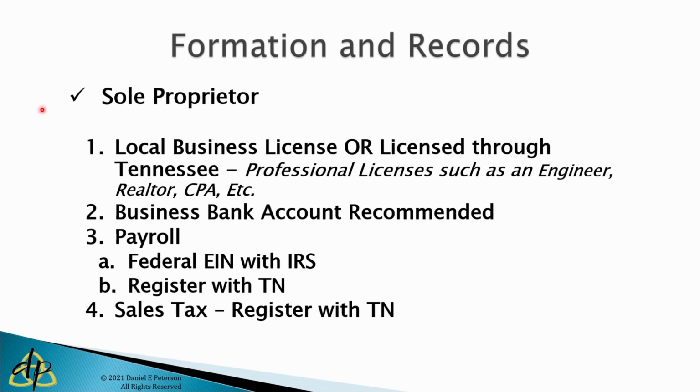And then what are the other registration requirements related to being a sole proprietor? And then we'll compare and contrast the sole proprietor registration activities to the partnership, to the S corporation, and then the C corporation. You'll see some similarities between all of these registration filing requirements between the entities.